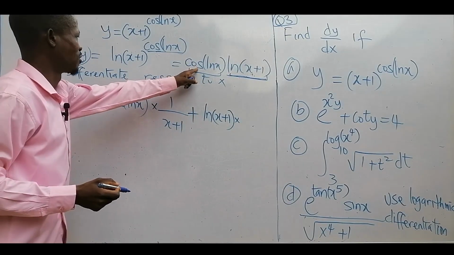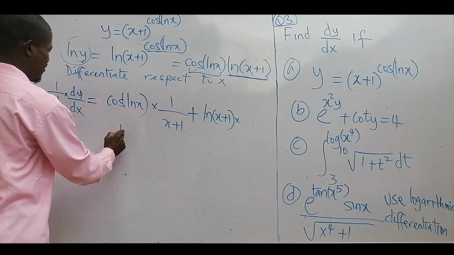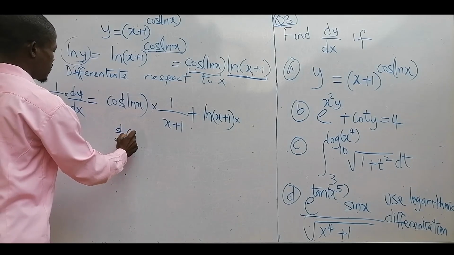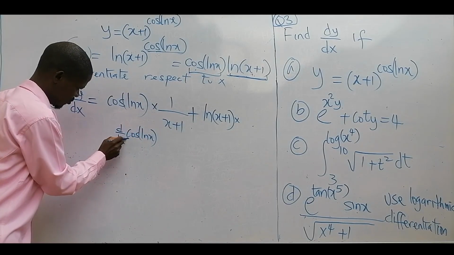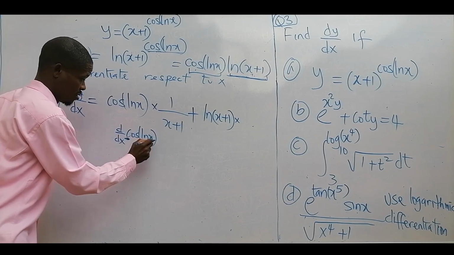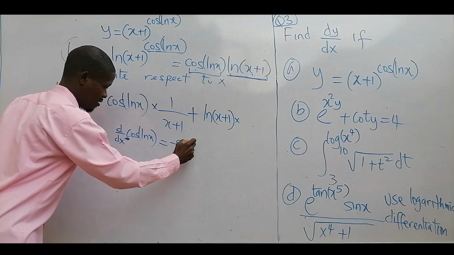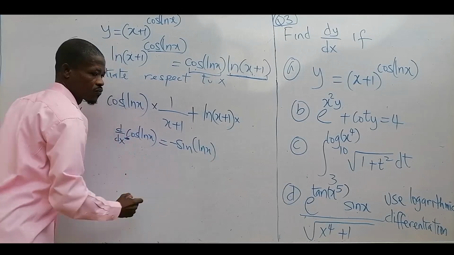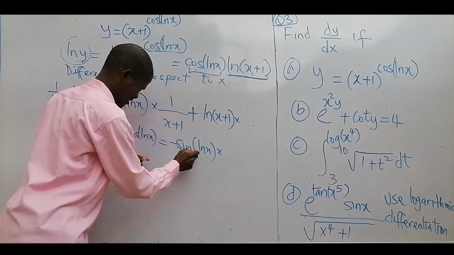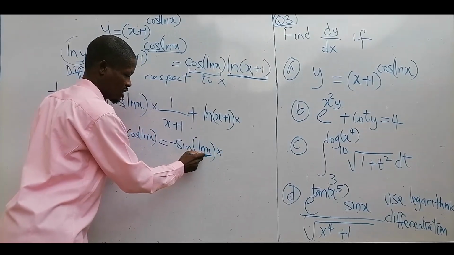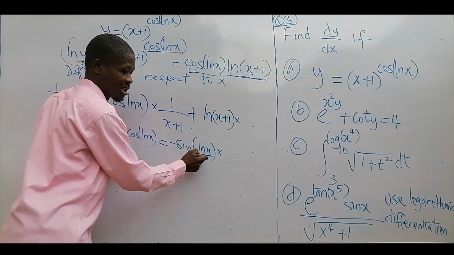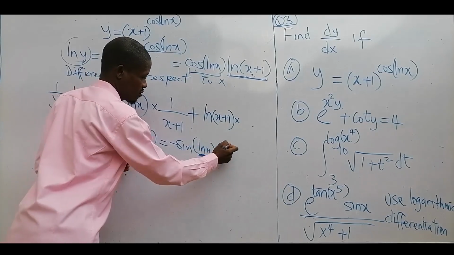So the differentiation of this one, I'm going to do it somewhere here. d/dx of this function. In this one, you're going to differentiate the outer function, which is what? Minus sine of the inner function, and then times the derivative, the differential coefficient, of the inner function.